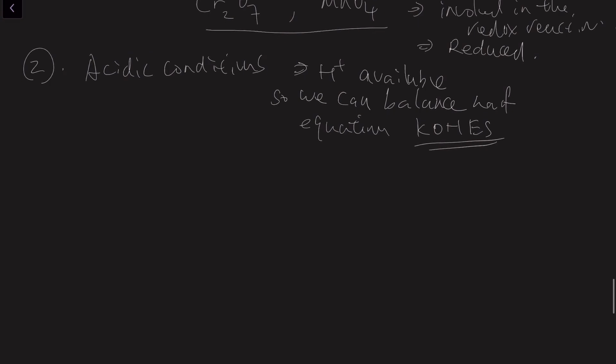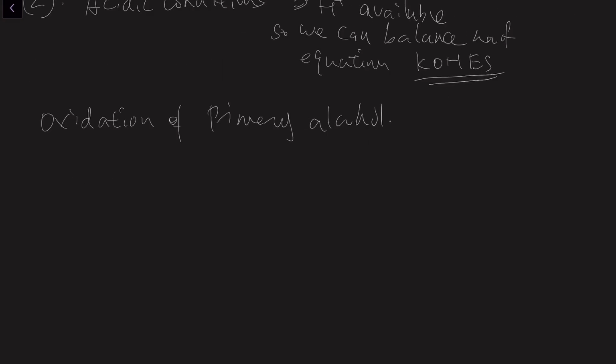So first, let's look at oxidation of primary alcohol. This is really a two-step process. The first step is we go from alcohol to aldehyde.